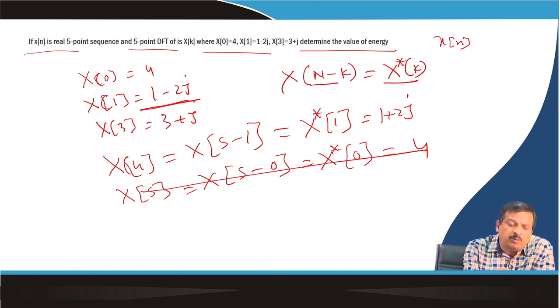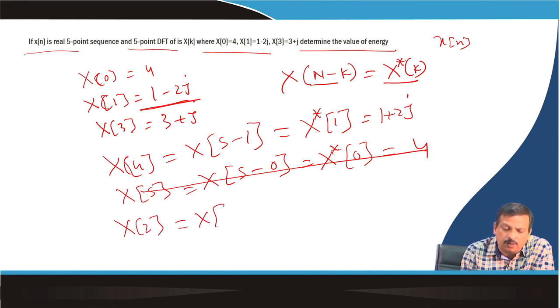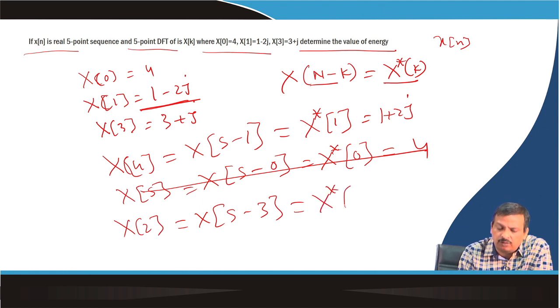So, I have a 3-point given. What is not given? X of 2 is not given. What is X of 2? X of 5 minus 3, which is nothing but the complex conjugate of X of 3, which is 3 minus j.